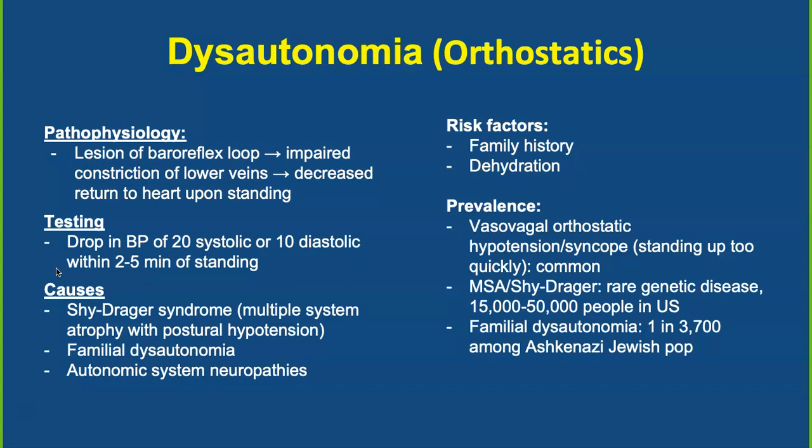The multiple systems atrophy and Shy-Drager syndromes are rare genetic diseases that are a little less common. And same with familial dysautonomia, but it is present in 1 in 3,700 patients among the Ashkenazi Jewish population.